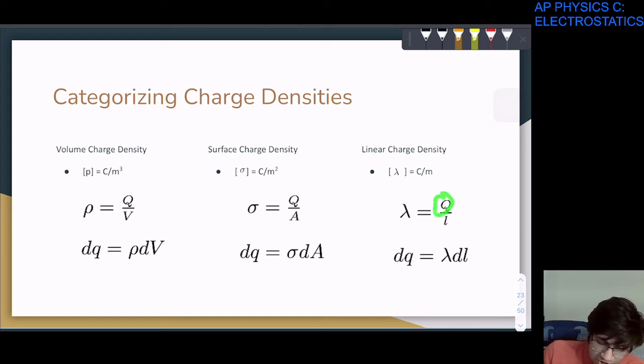It's our charge per unit length, so charge divided by the length. And dq, a little bit of charge, is equal to our density, charge per length, times a little bit of length. So it's important that you look at the problem, classify it as 2D, 3D, or 1D, and then write down immediately which of these equations you have to use.